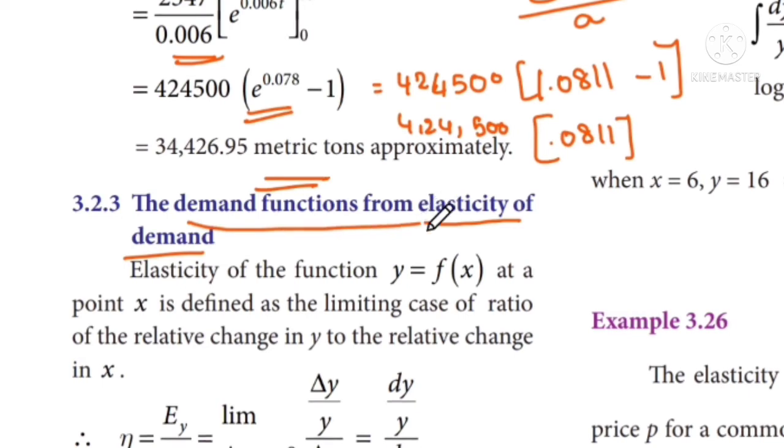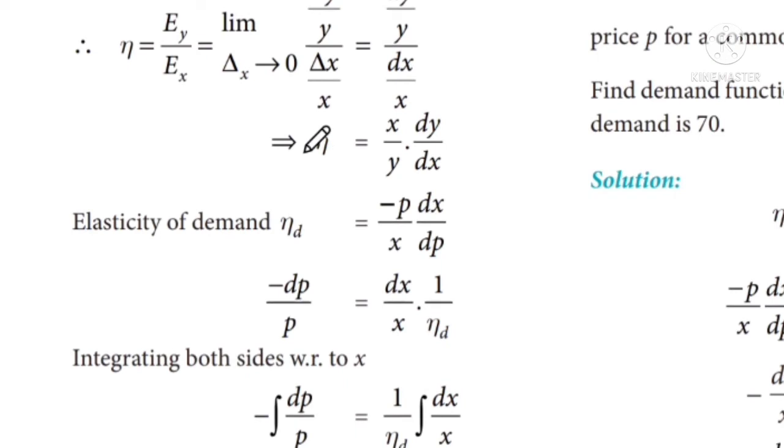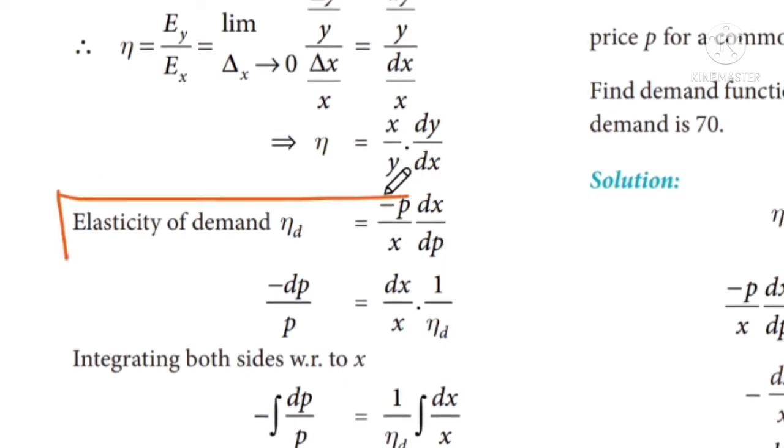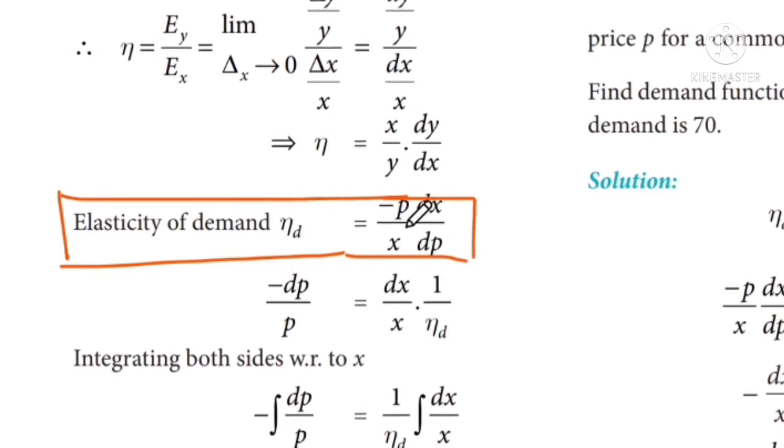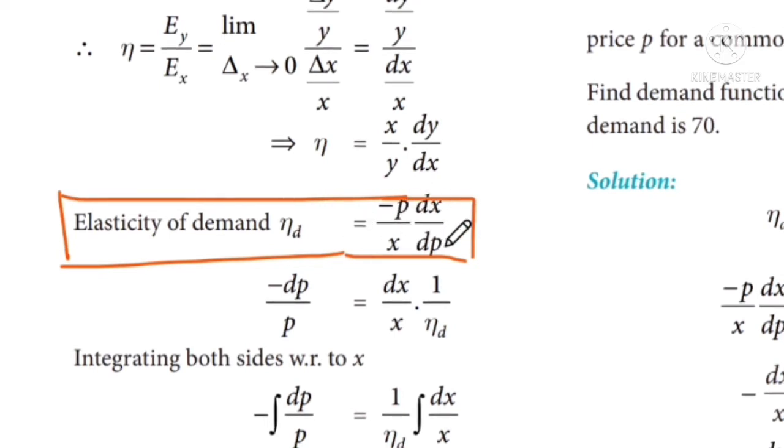Next is elasticity of demand and the demand function. The demand function from elasticity of demand. So this is the formula for elasticity of demand. There is a negative sign, because the demand function is a decreasing function, so the slope will be negative. The formula is minus P by X dx by dP.